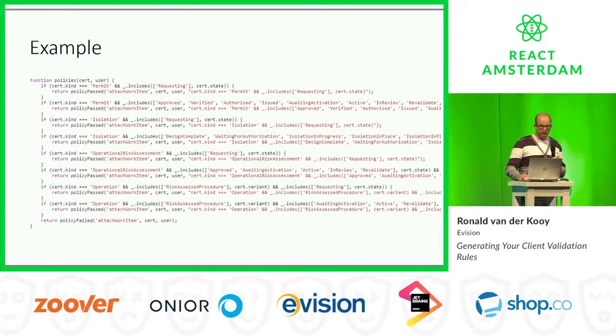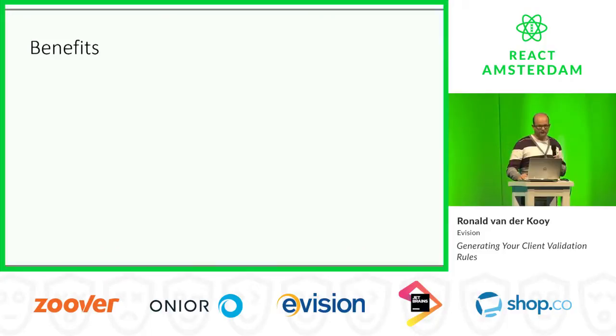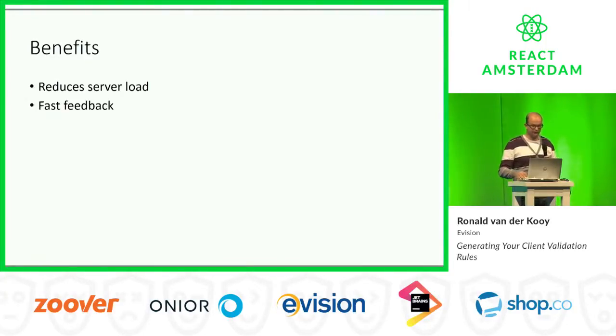So that worked out very well. This had several benefits for us. It obviously reduces the load a lot. We don't need to ask the server anymore. You have it there on the client. Fast feedback, JavaScript these days is very fast, so we can continuously execute this code in the browser. It's very simple to debug.